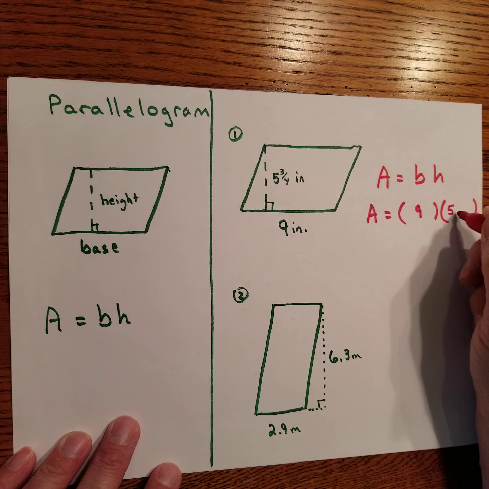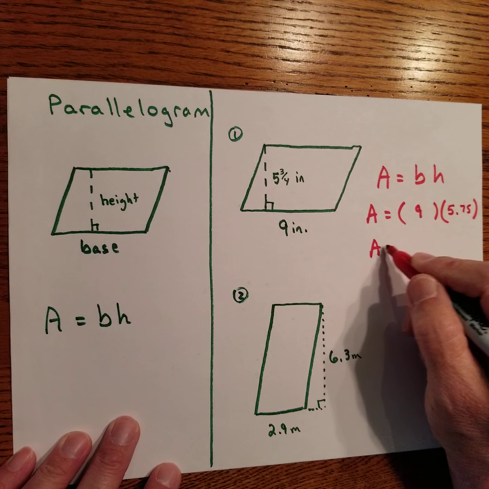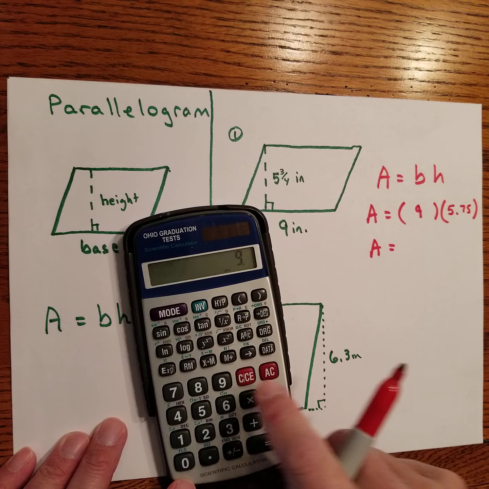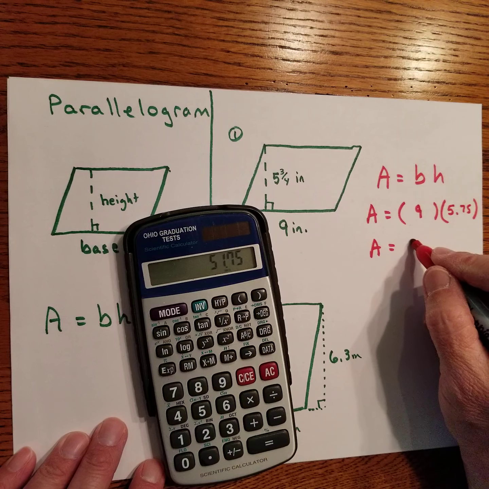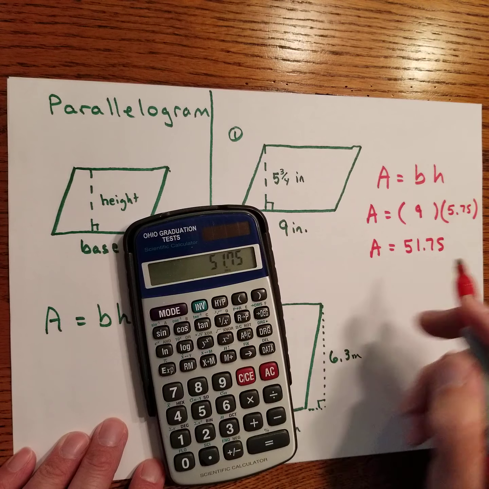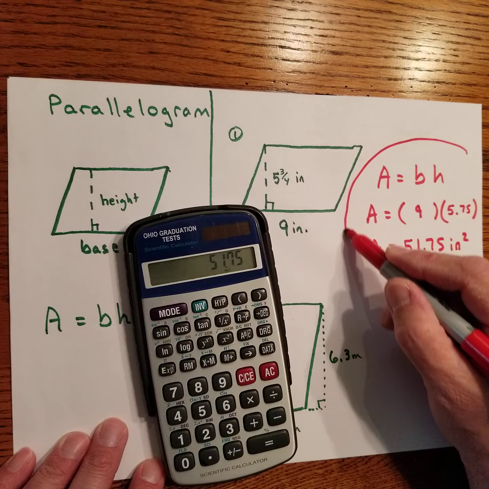I'm going to write 5 3/4 as 5.75. So on my calculator, 9 times 5.75 is 51.75. This problem was in inches, so that's square inches.